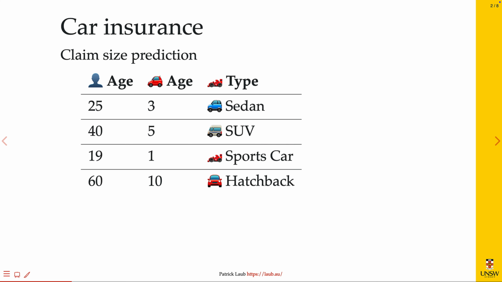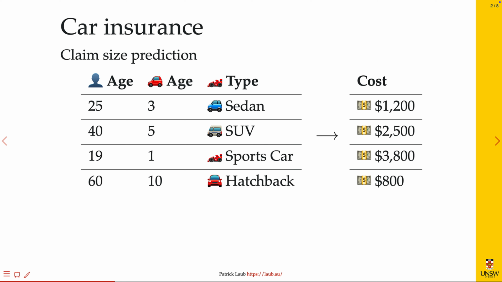So what does it mean to have a claim size prediction machine learning model for car insurance? If you ask the computer scientists about this, they'll look at the inputs. Say you have some covariates: driver age, car age, type of the car, and your model would just be spitting out a single number, and that might be your best guess of how expensive the claim would be to repair.